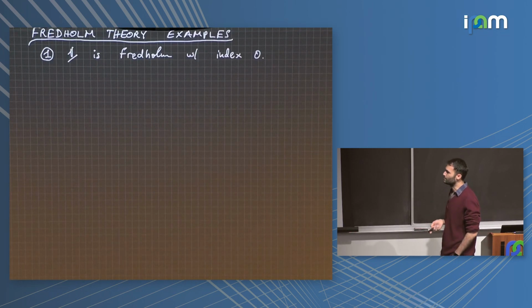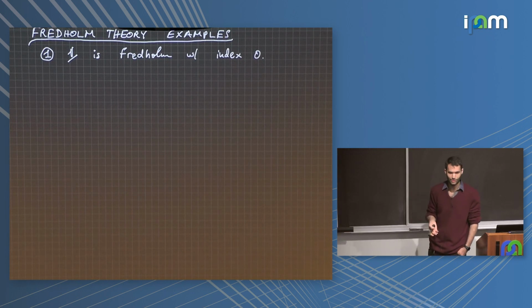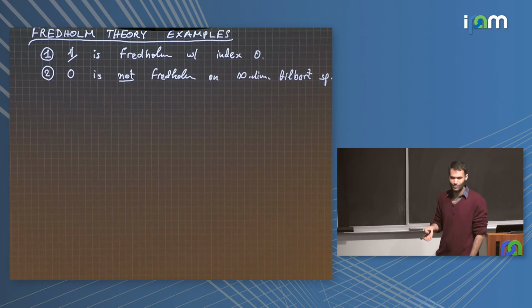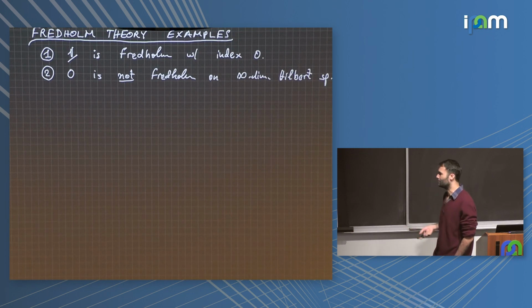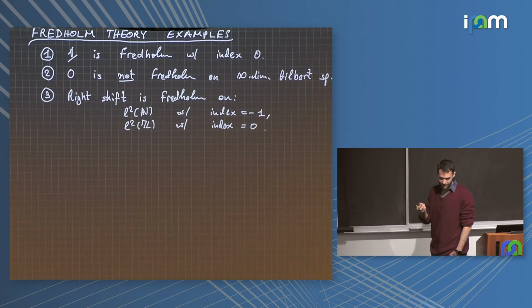So what are some examples? The identity operator is invertible, and we expect its index to be 0, which it is indeed. The zero operator is of course not invertible, and on any infinite dimensional Hilbert space, it's not going to be Fredholm. An interesting example, perhaps an archetypical example, is the right shift operator.